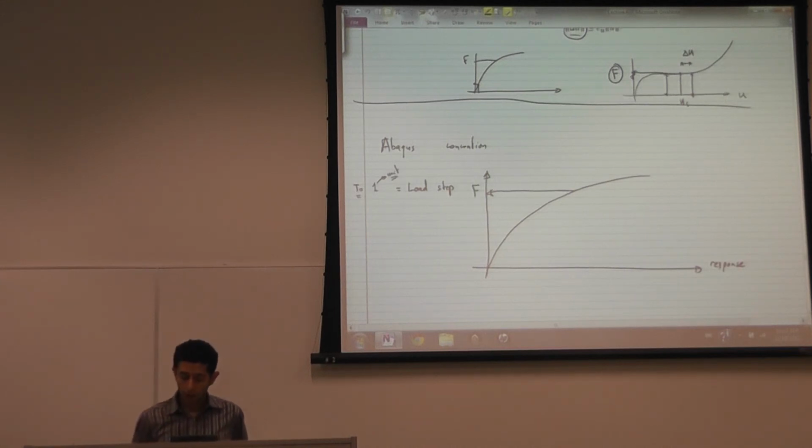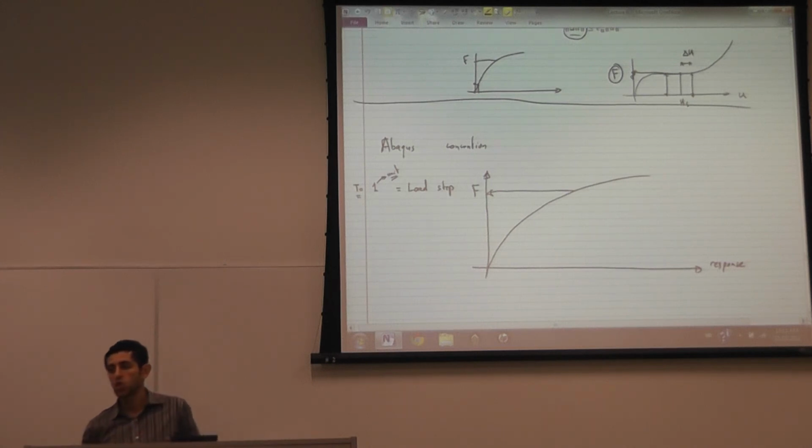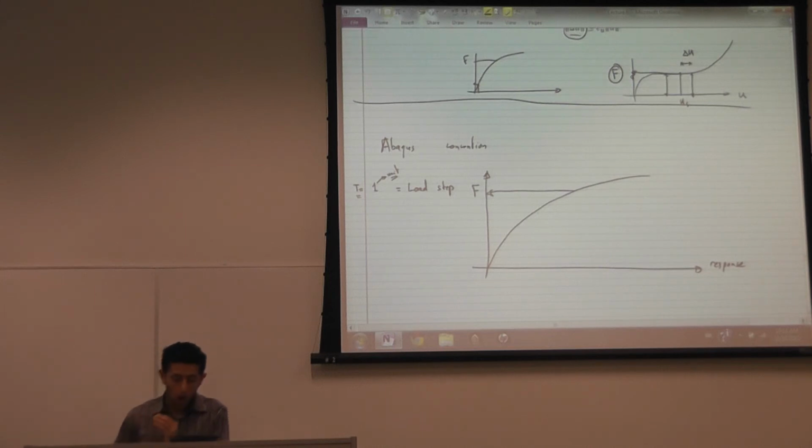Because this full load might leave the structure in a really deformed shape, it's better not to apply the load all at once, but to apply it in increments. We first apply, let's say, 0.01 F, and so on.